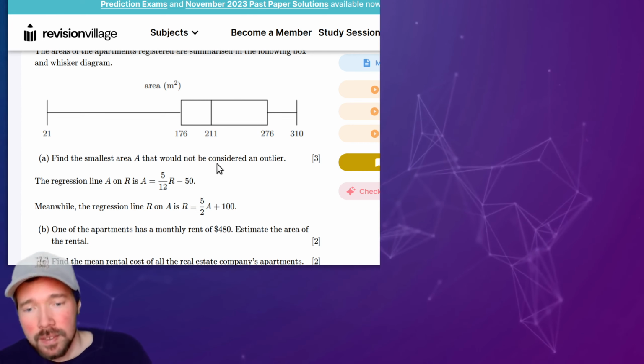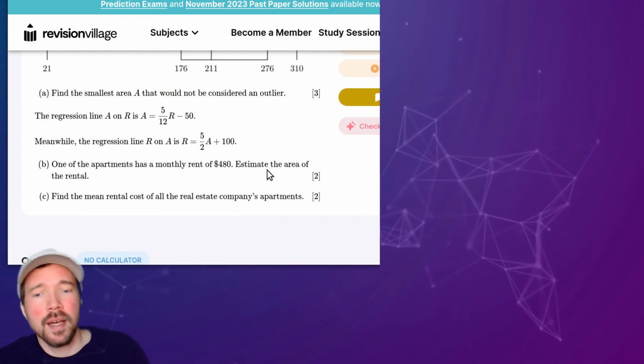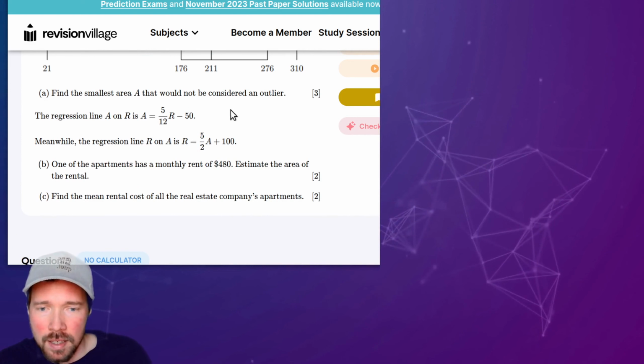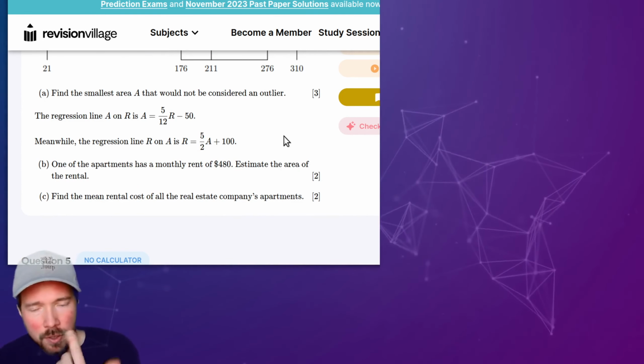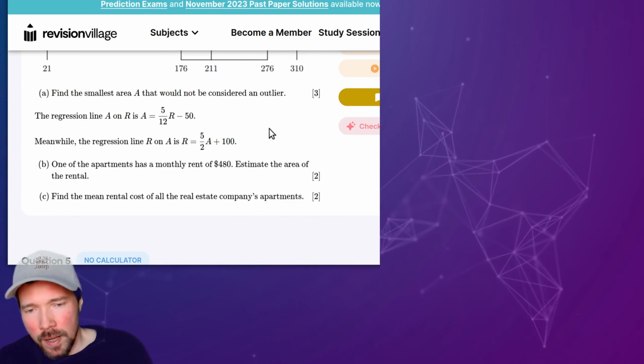So if we estimate the rent from the area, we get a much different line, but if you transpose or mirror it, it should be approximately the same line, but it's not the same line.